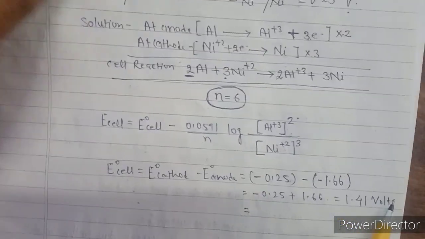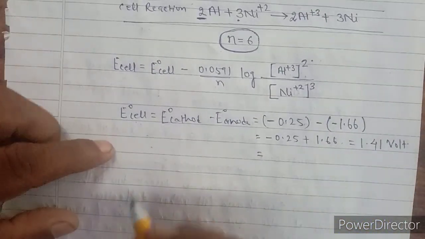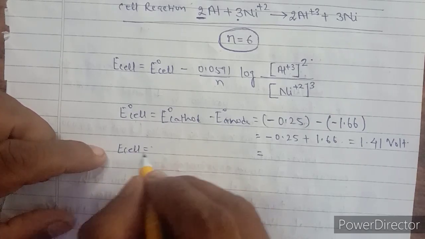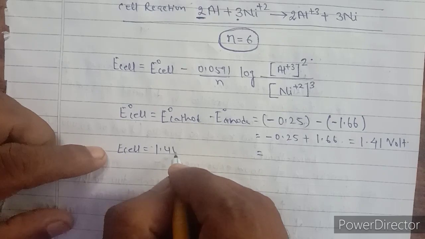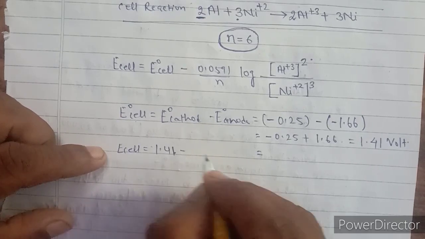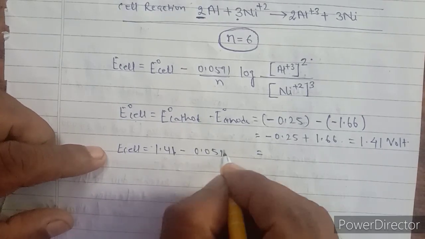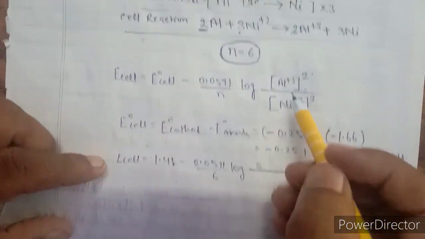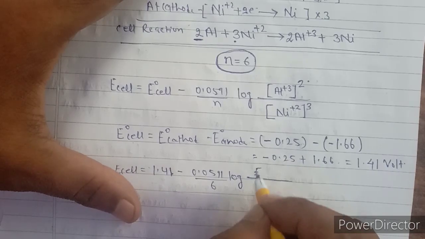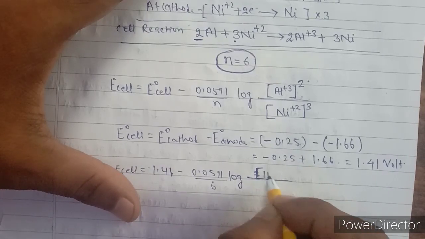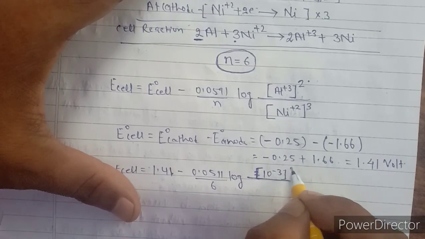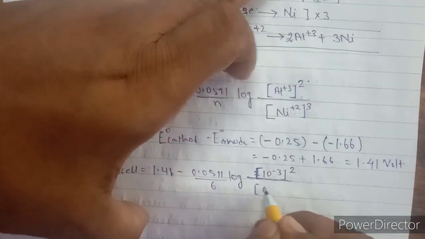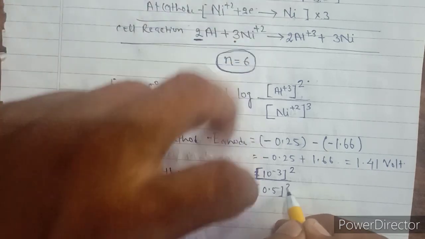Now we get E cell is equal to 1.41 minus 0.0591 divided by 6 log, aluminum ion concentration 10 to the power minus 3 squared, divided by 0.5 to the power 3.